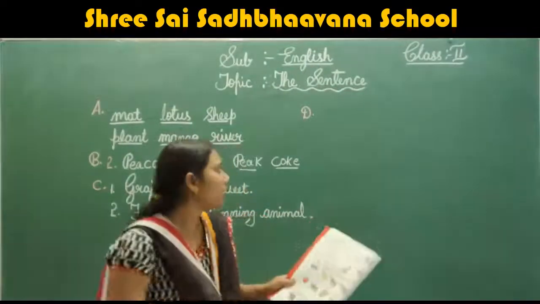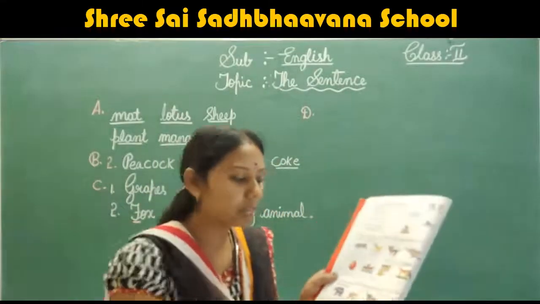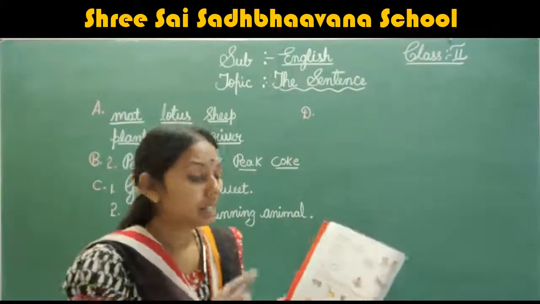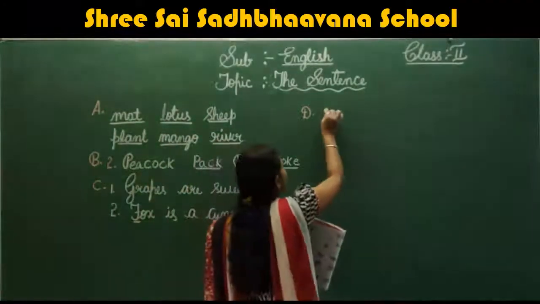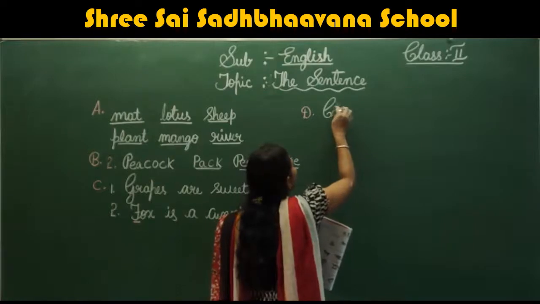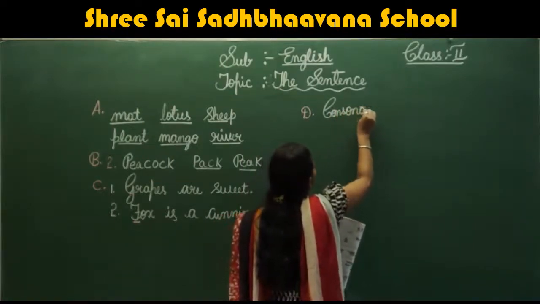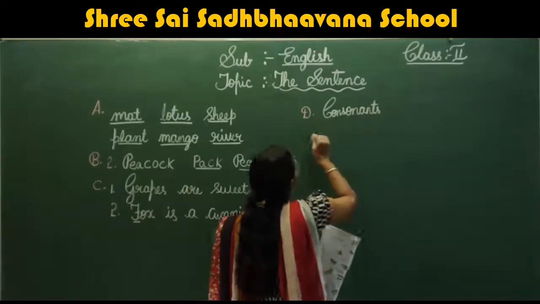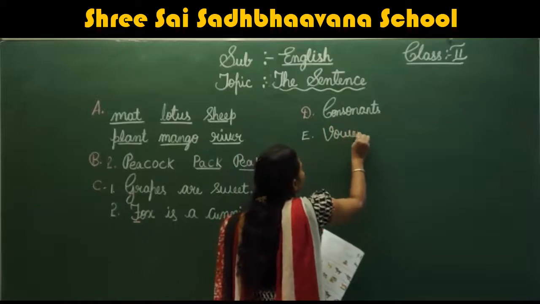Okay, next. E main. Fill in the blank with a vowel to complete the word for the given picture. There in the D main, we wrote the consonants. Yes, no? See, consonants you were writing. In the E main, you have to write the vowel.